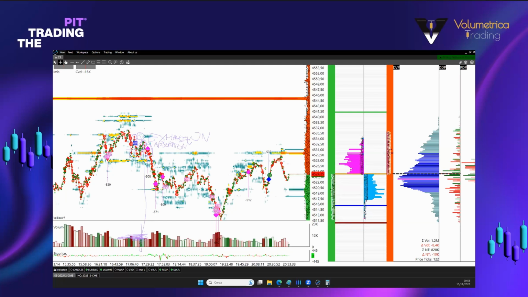Big bubbles failing the move, absorption. Small bubbles or no bubbles in that sense of the move, exhaustion. This is the way we can read bubbles on every single swing to just determine how strong buyers and sellers are.